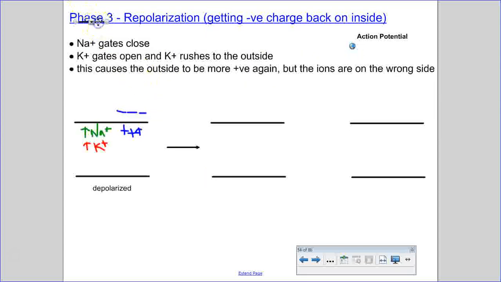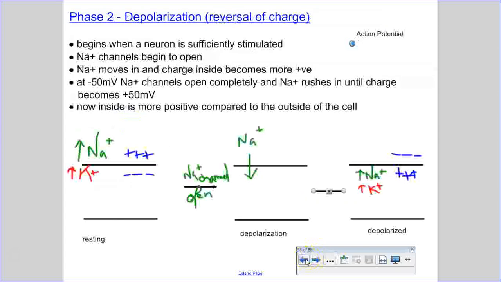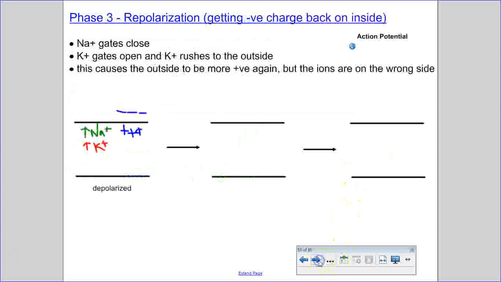And we need the sodium ions on the outside. Okay? So what can happen? Well, we had just opened the sodium channels, so that's not going to help. The sodium's not going to go back out because it just came back in.